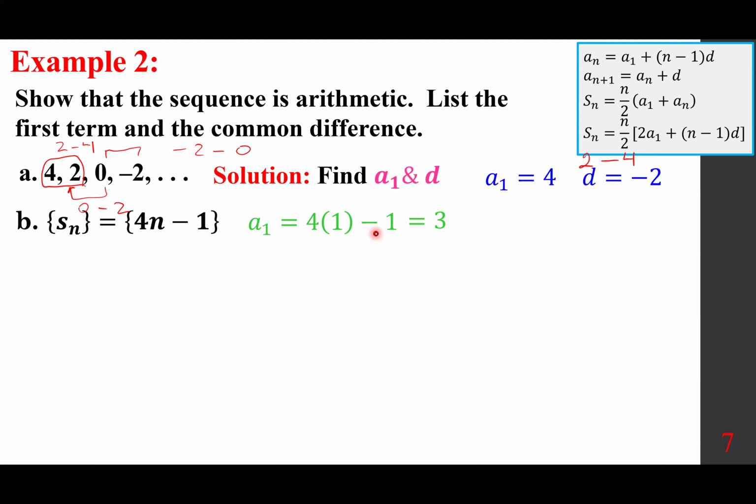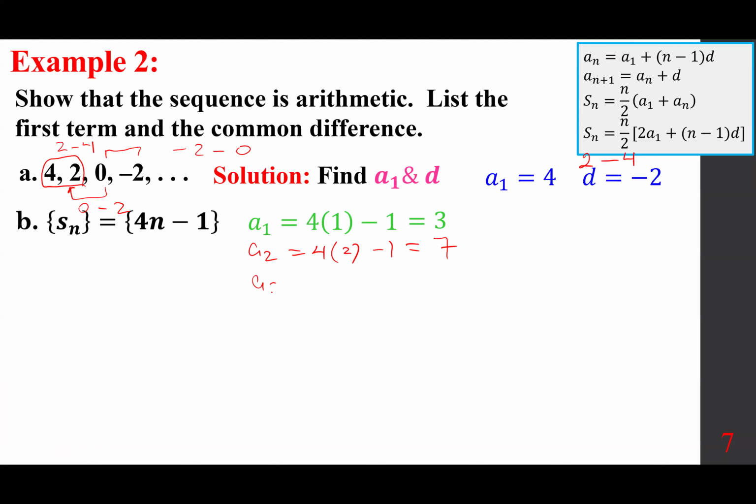There are a couple of different ways to look at that. I go with A sub 2. Let me do a different color. A sub 2 would be 4 times 2, 8 minus 1 is 7.